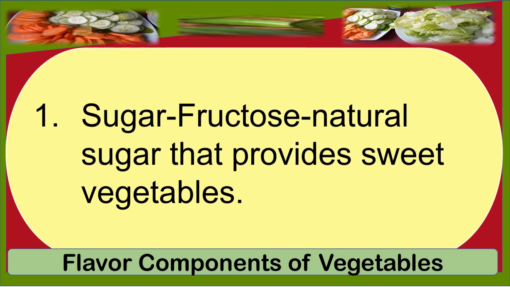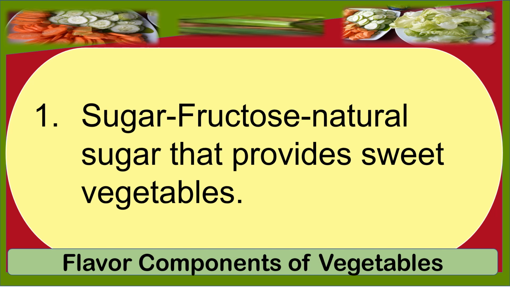Now, let's proceed with the flavor components of vegetables. Number 1 is the sugar fructose. Now, this is a natural sugar coming from the vegetables. That is to provide the sweetness of the vegetables.